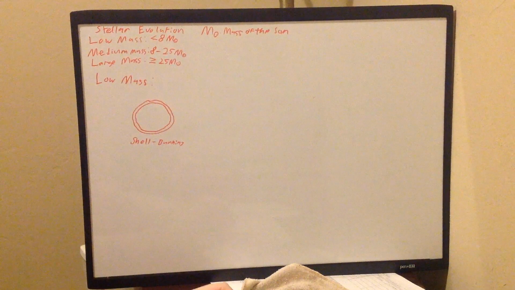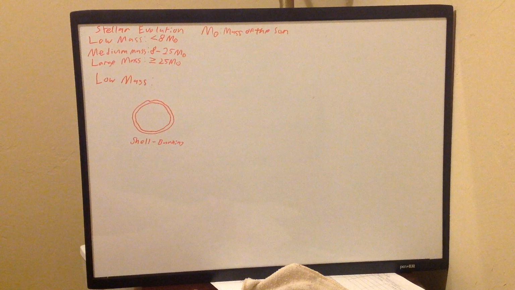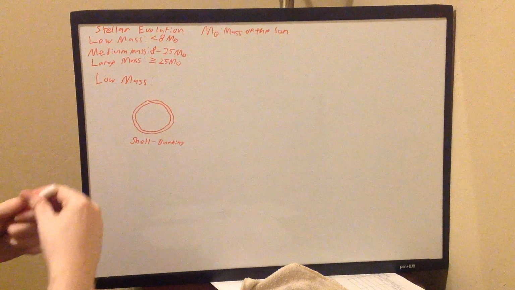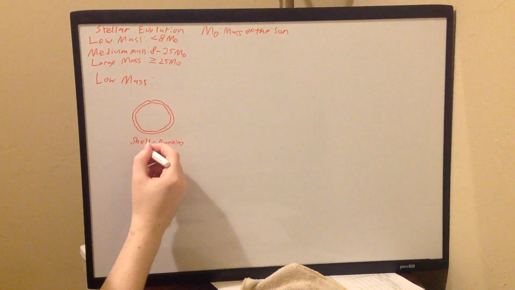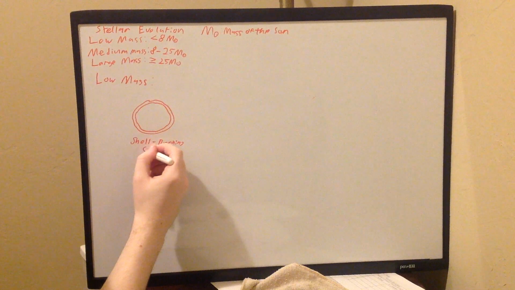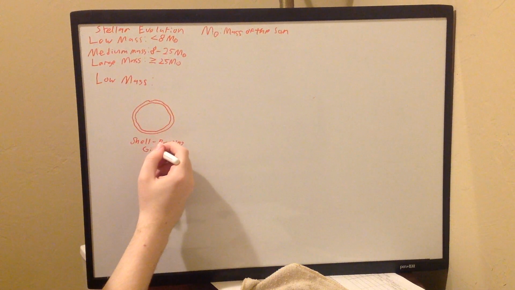Now, the reason why shell burning causes stars to become a giant, honestly, I don't even know. It's some kind of very complicated interaction of various things going on. I'm not going to get into it, so just take it from me. Shell burning causes a star to become a giant, usually a red giant.